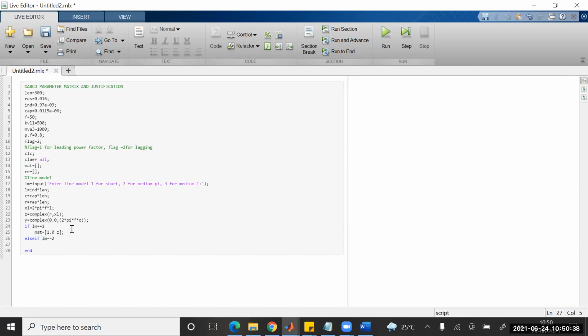Then this mat would be equal to 1, z, then 1 and 0.01 in the LZM form.